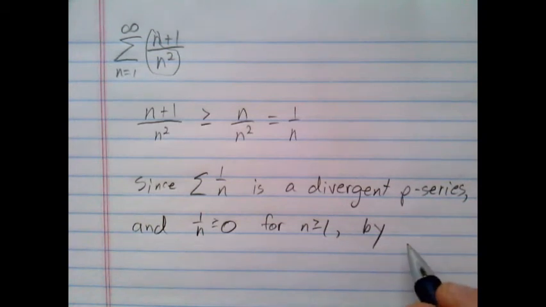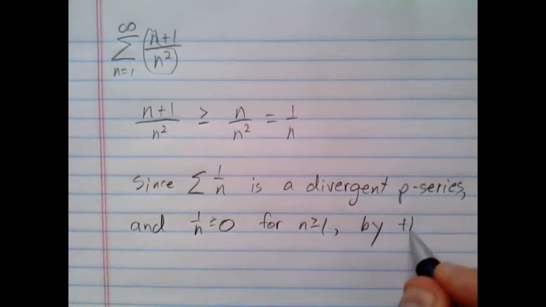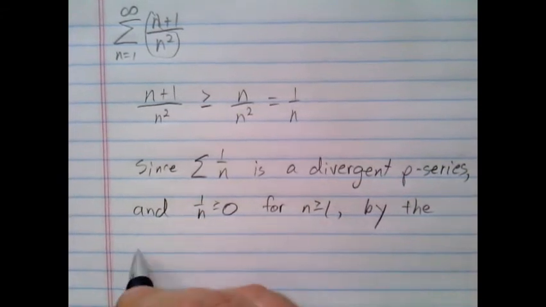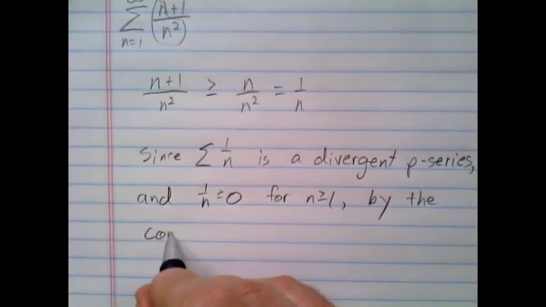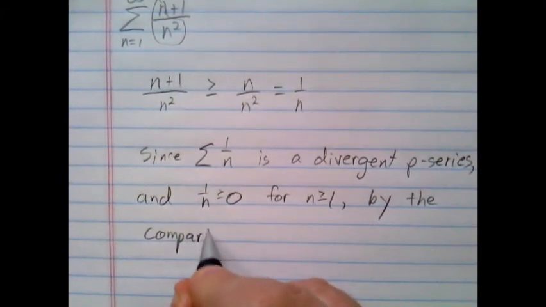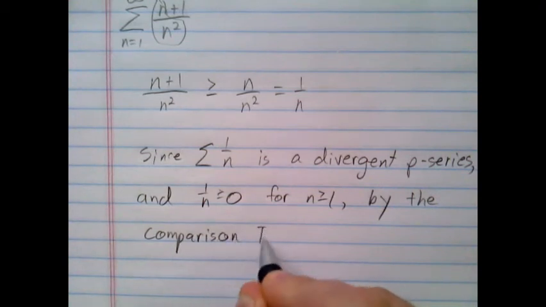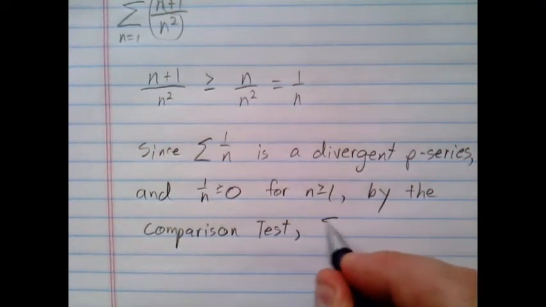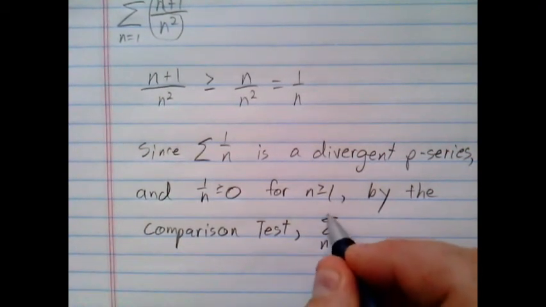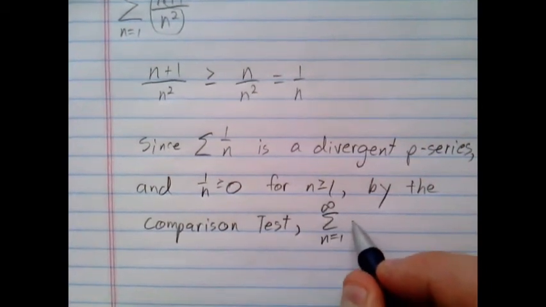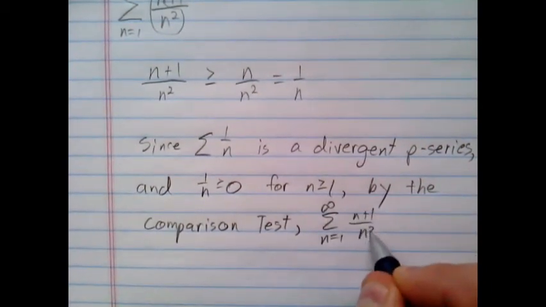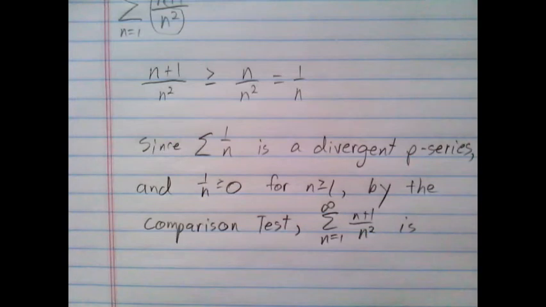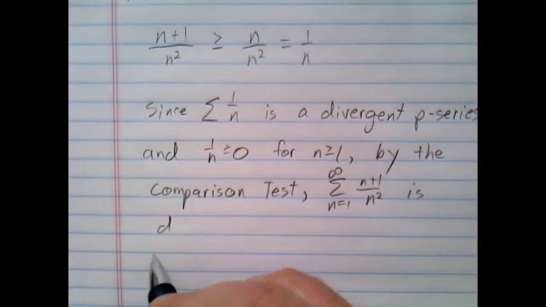We can again use the comparison test. So by the comparison test, our original series that we were testing, our series where the nth term is n plus 1 over n squared, is divergent.